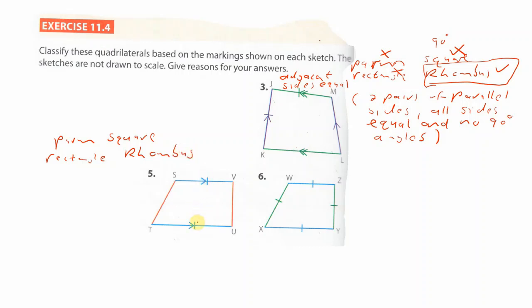Okay, so now for a square, we know all 4 sides are equal. So we need to have adjacent sides equal, which we don't have in this case. So it cannot be a square. That one we can safely eliminate. The same thing with the rhombus. We'll have to eliminate that, because the rhombus also has adjacent sides equal, since all 4 sides need to be equal.